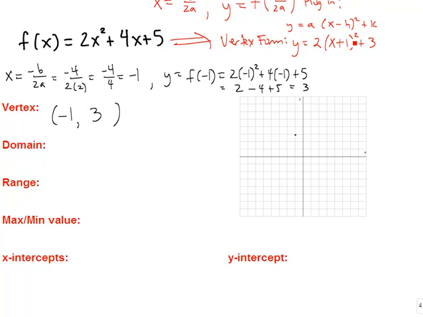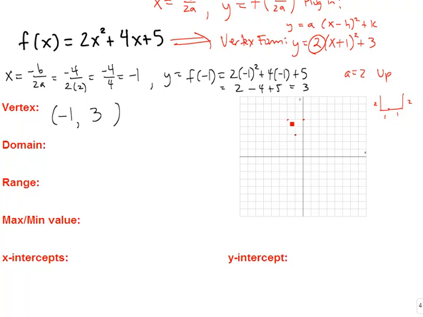So in terms of graphing, we have our vertex at negative 1, 3, and now notice here that a is 2, positive, so we're going to go up, and our pattern is to go over 1, up a, so we're going to go over 1, up 2.